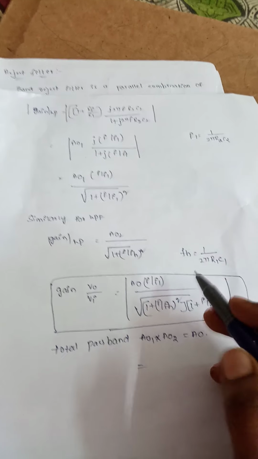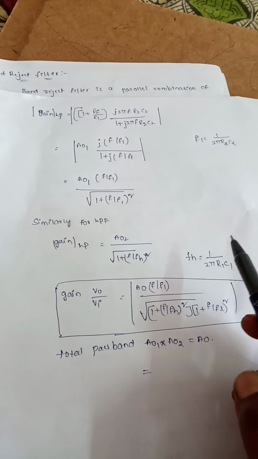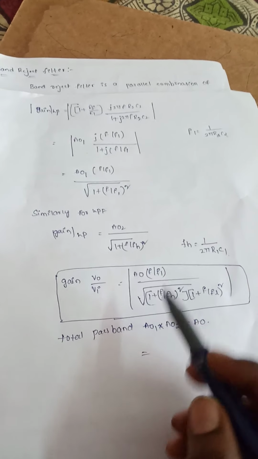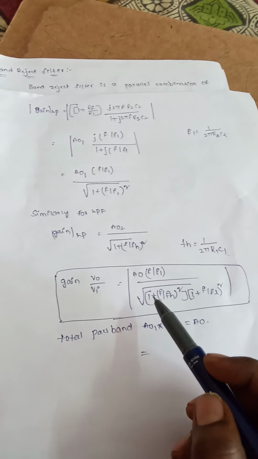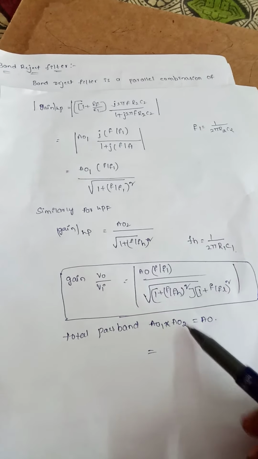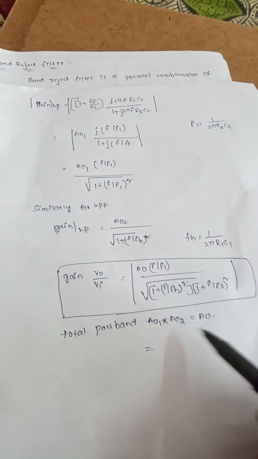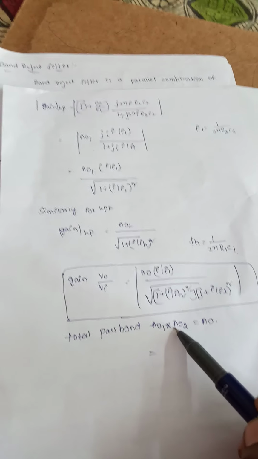The gain for the wide band pass filter is the product of the low pass filter gain and the high pass filter gain. This is the gain for the wide band pass filter: A0 into F by F1 over square root of 1 plus F by F1 whole square into 1 plus F by Fl whole square. Here A0 is equal to the product of the low pass filter gain and the high pass filter gain.